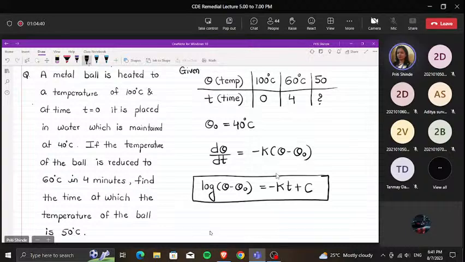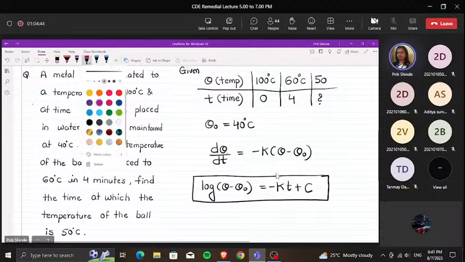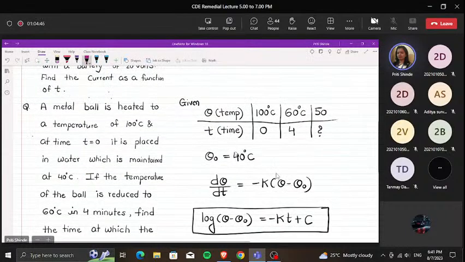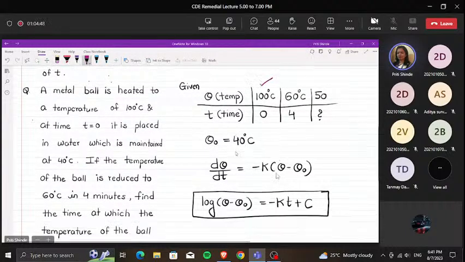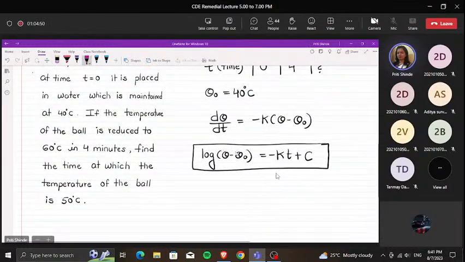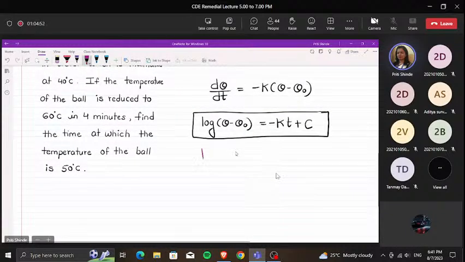Now use your first condition. My first condition is when t is equal to 0, theta is equal to 100. So this is your original equation. Put t equal to 0, the initial condition, theta equal to 100, and theta 0 equal to 40, the surrounding temperature.